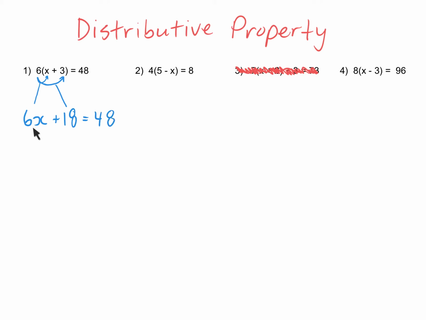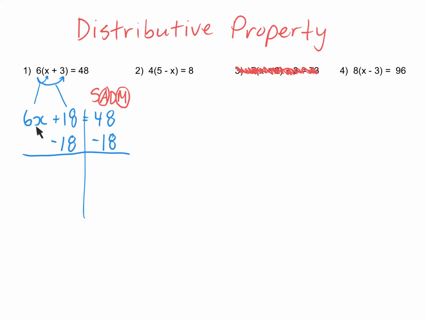And from here on, you just solve it how you would normally solve something. We can write the word SADM. We have multiplication here. We have addition. So that means the first thing we're going to do is subtract something and then divide. So looking here, I'm going to subtract 18 from both sides. The 18s are gone.